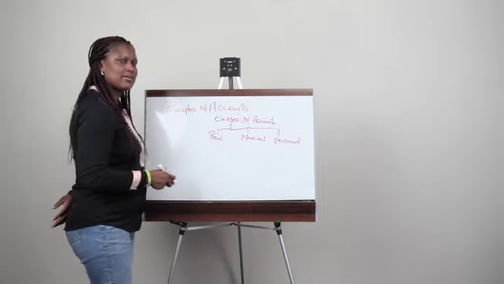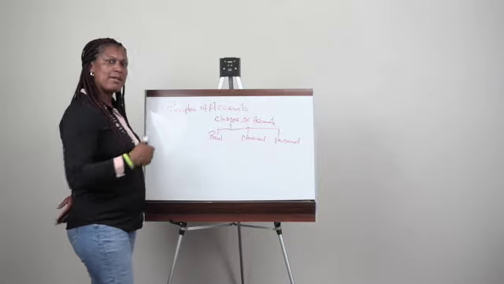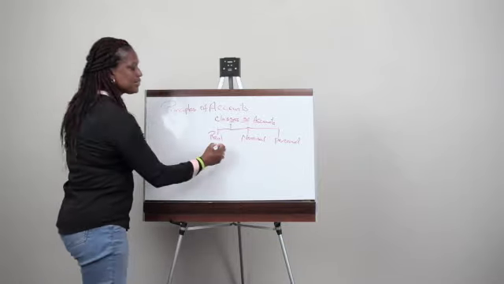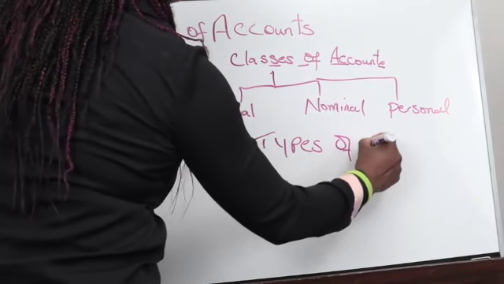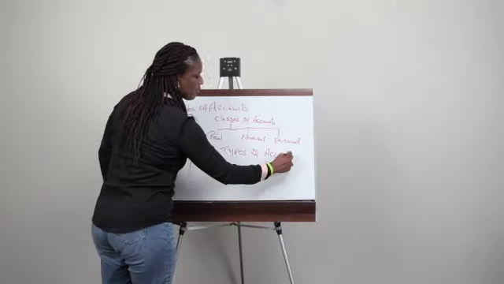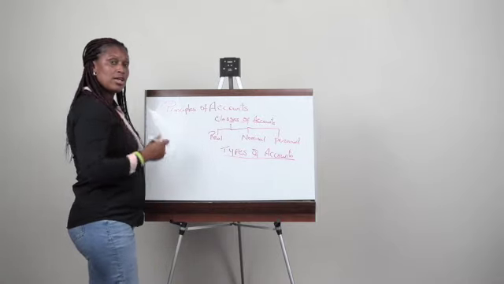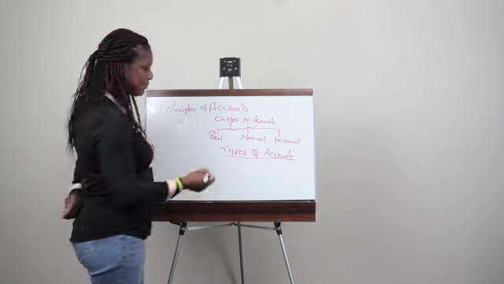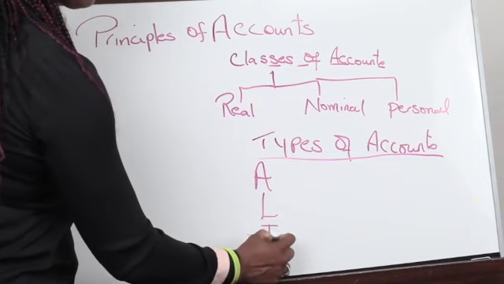Under each class of account, there are different items. But what I like to do is put them under the types of accounts, because they can be broken down into different types. So my acronym for the types of account is what we call ALICE.